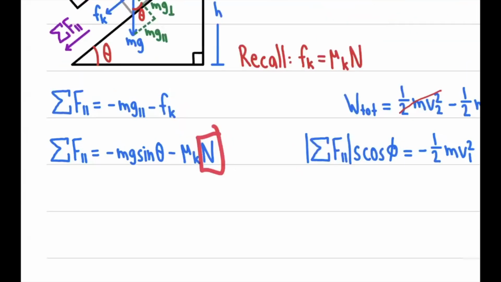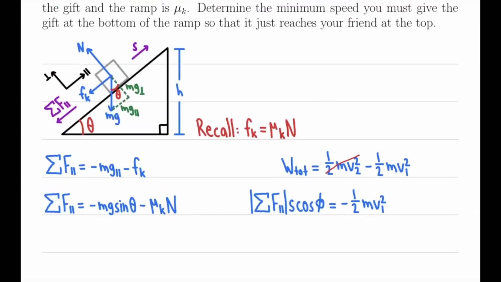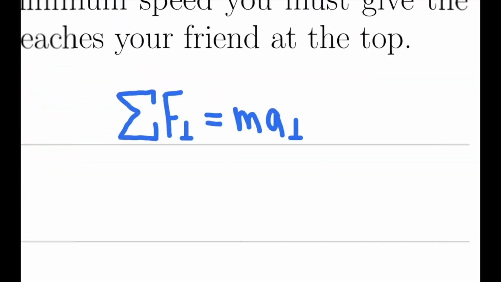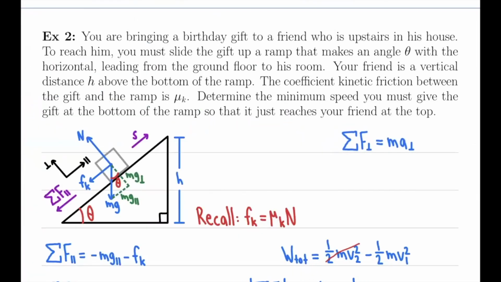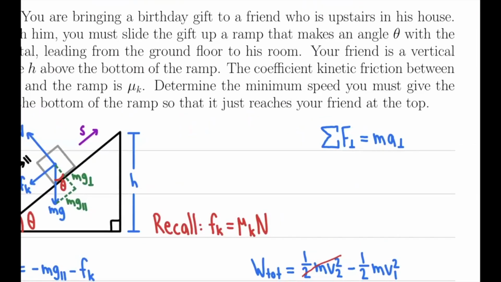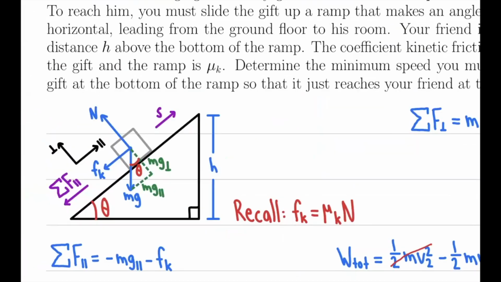So let's find n. n is in the perpendicular direction. So let's look at the sum of the forces in the perpendicular direction. What's the acceleration in the perpendicular direction? Gotta be zero, it's not moving up or down in that direction at all. And what are the sum of the forces in the perpendicular direction?